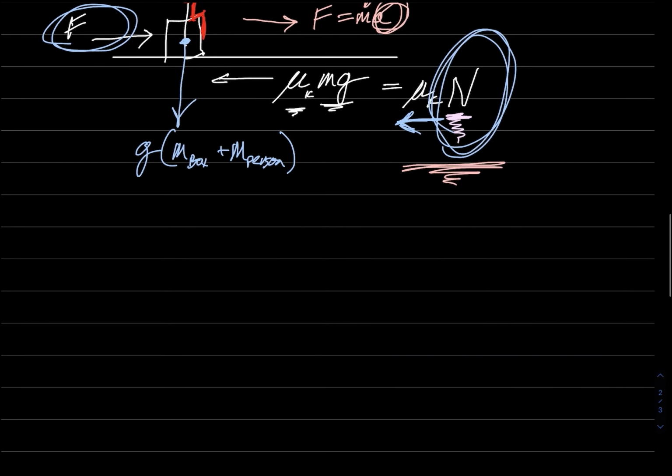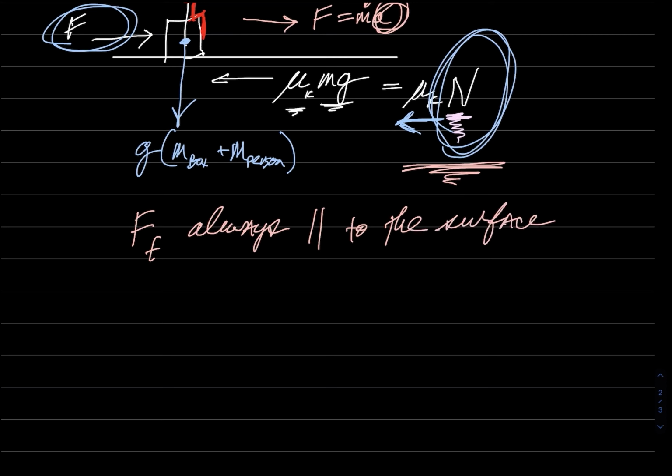All right. So we said that friction, the force of friction, is always parallel to the surface. That's how friction works. And we said the normal force is always perpendicular to the surface.